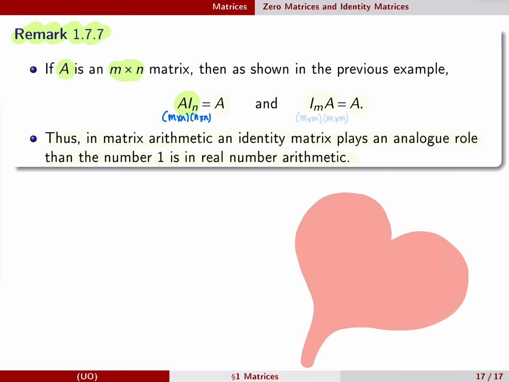And if you do Im times A, on the left side there's only one size that fits, so that matrix multiplication is defined. So in both cases, A times In, boom, I'm getting again A. And if I go Im times A, I'm getting A. So those identity matrices are really the analog of the number one.